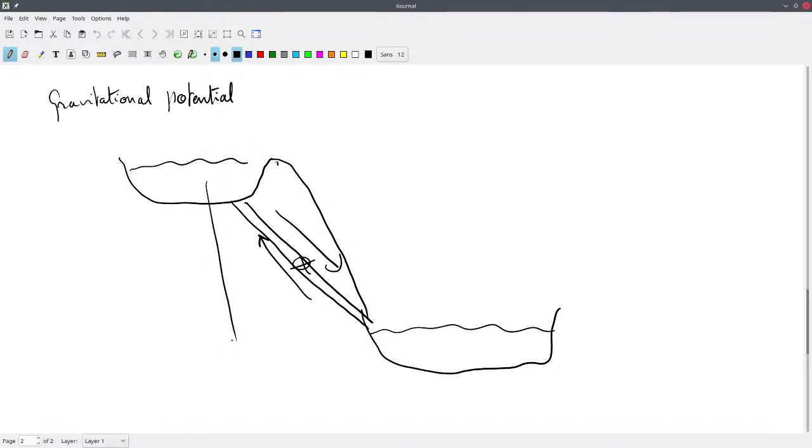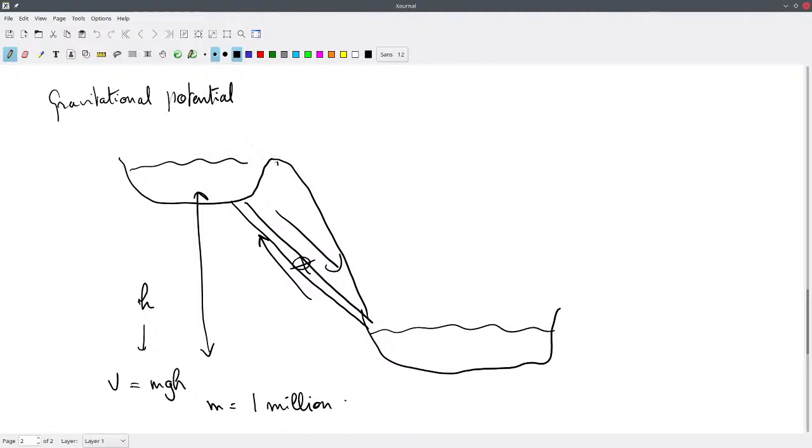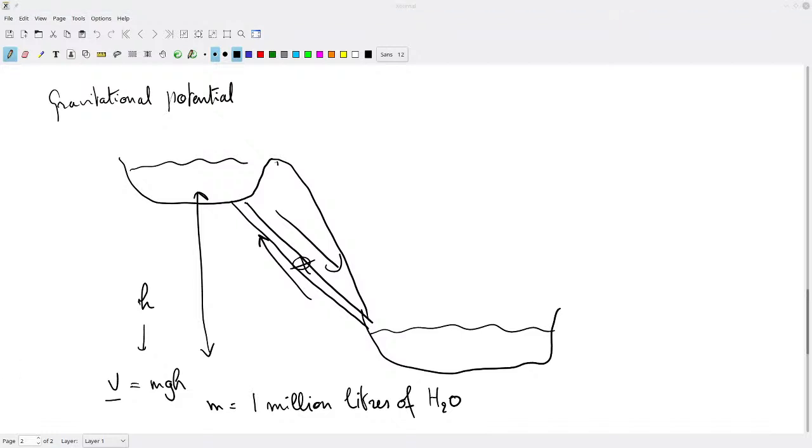And this, I should draw this vertically, the height h gives us a potential energy that's equal to m times g times h, where m is, of course, 1 million liters of water. So obviously m will be large, so that will make that potential energy large, but allows us to store large amounts of energy for future use.